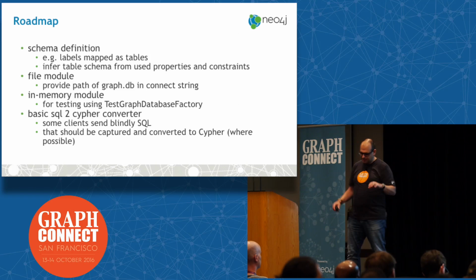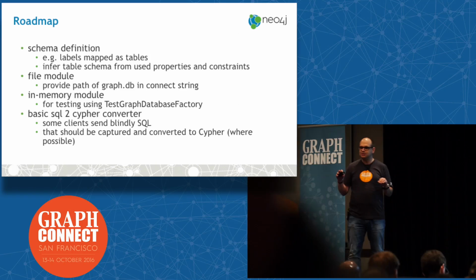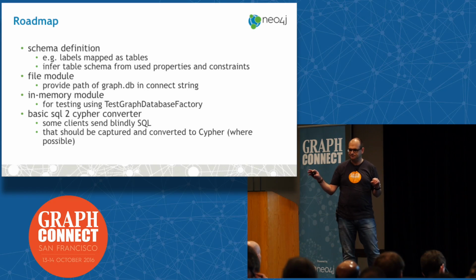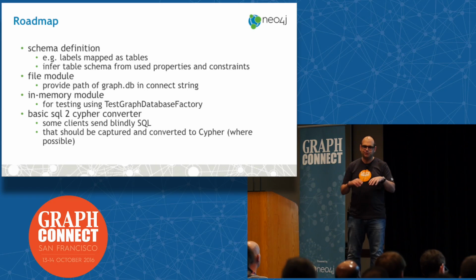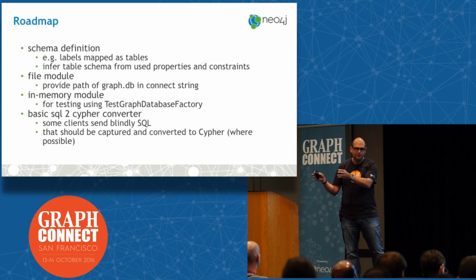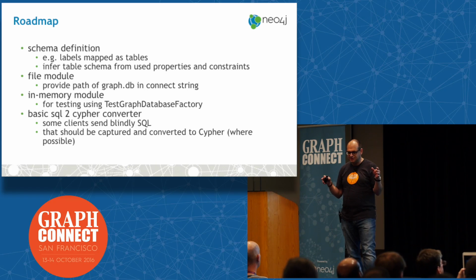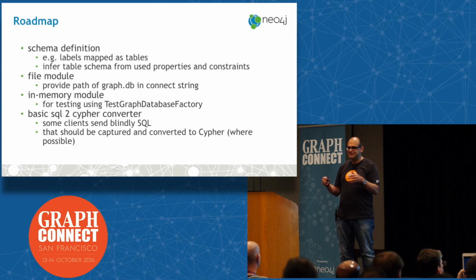If you use a couple of existing tools, they will send SQL under the hood. Maybe by just clicking something, they produce SQL and send that to Neo4j. Since the JDBC driver normally uses Cypher, it makes sense to handle SQL.